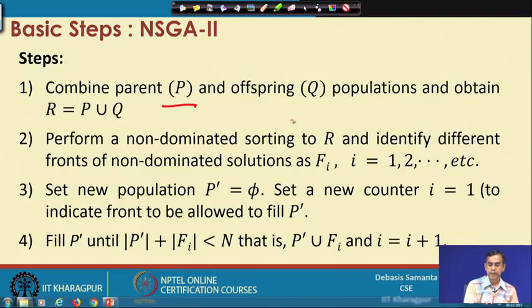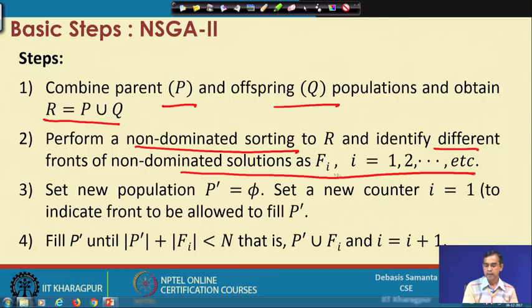Combine parent P and offspring solution Q to produce the resultant solution R, perform non-dominated sorting on R and identify the different fronts, called the non-dominated fronts Fi, like 1, 2, etc. Now, set the new population P dash, initially empty, and continue until we have selected the fronts.